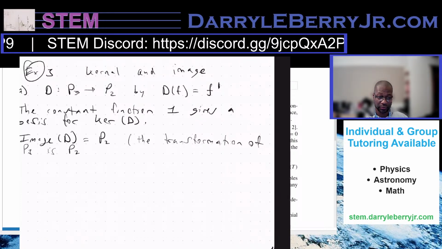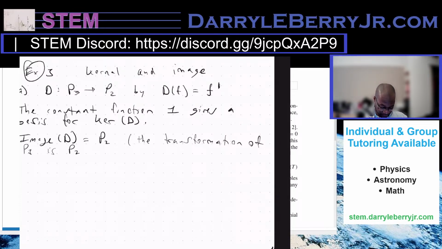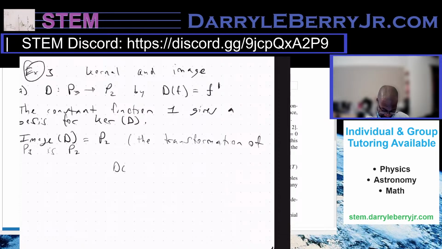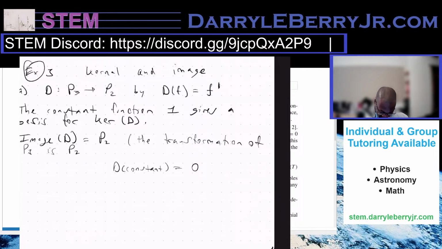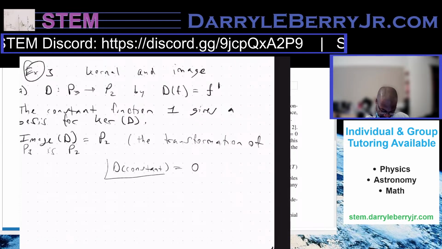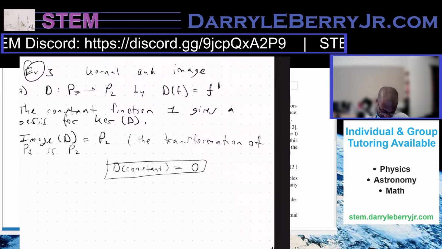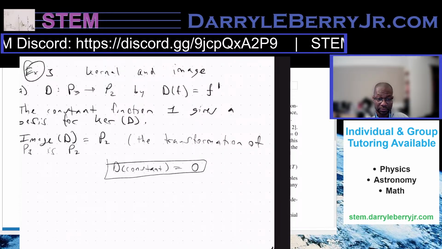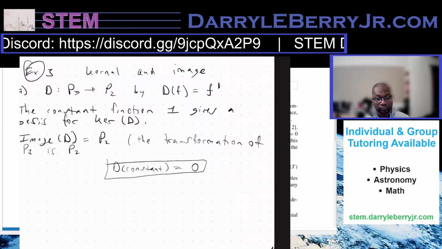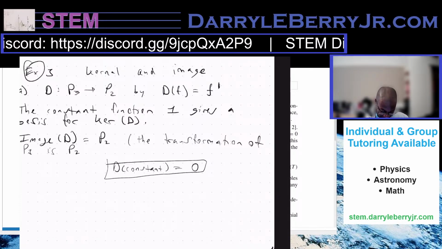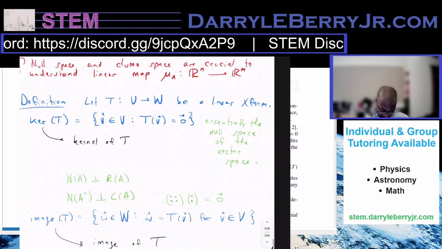And the constant function 1 gives a basis for the kernel of d, because d of a constant equals 0. So d of the constant gives a 0, so it's in the kernel. The image is P2, because the transformation of P3 is P2, using the definition we did earlier.